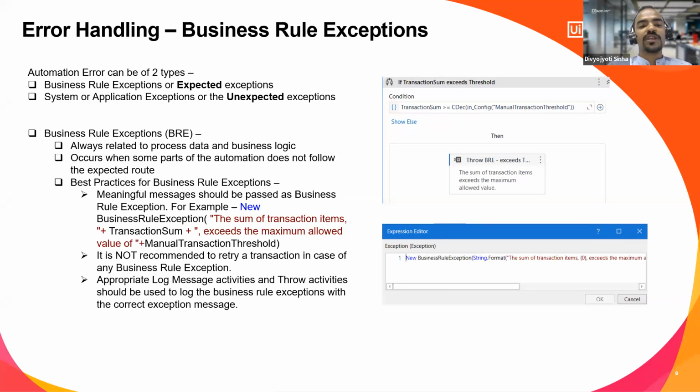Because tomorrow, if an automation workflow fails, you can go to the orchestrator logs and check those logs, and you will easily understand what went wrong for that particular transaction, right? So, as part of business exception, we recommend that you throw proper error messages for each of the exceptions that the bot encounters, right?